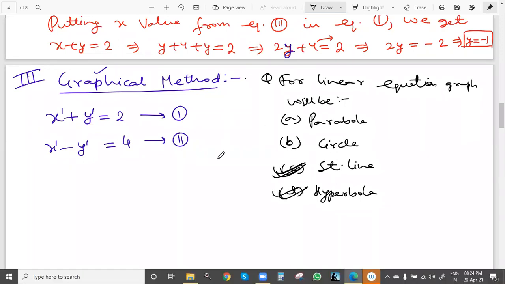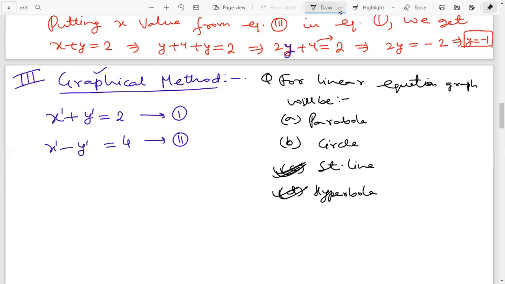Rashul and Hemant said hyperbola. Others are saying option C. Option C, fine. Any other answer? Hemant and Rashul option D, otherwise everyone is saying option C. Okay. So Hemant and Rashul, why hyperbola? Any reason for this? No reason, sir.